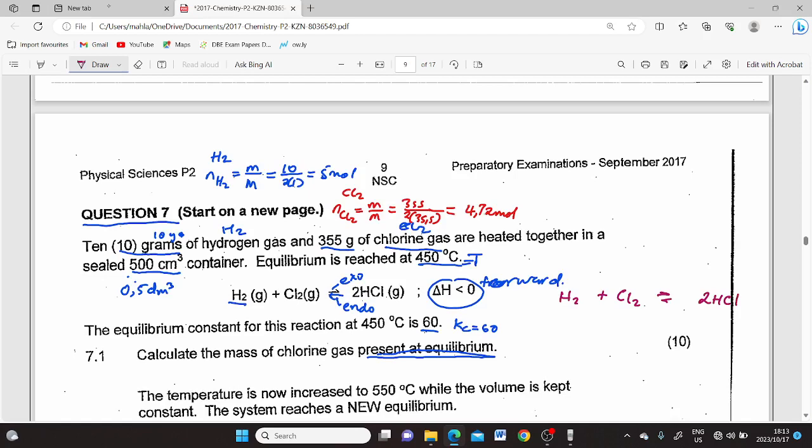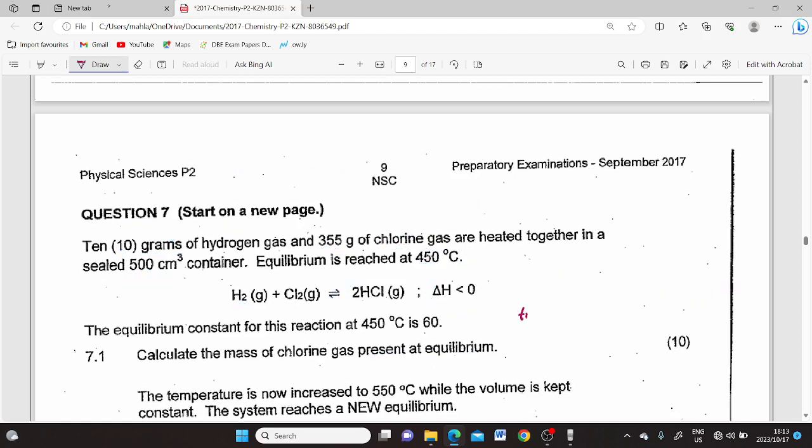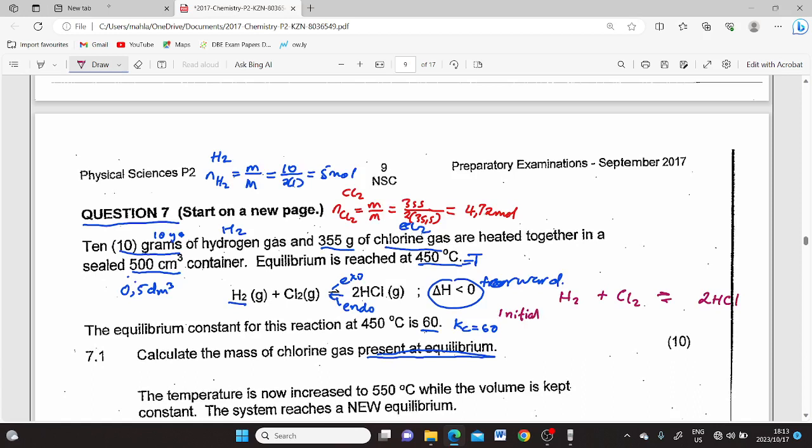Then we have the initial moles. This one is 5, and then 4,72. Now initially there is no product, so it is always 0.